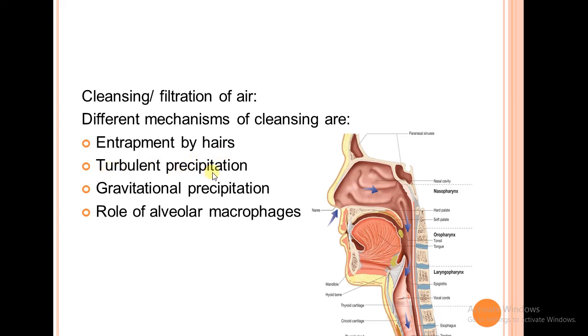Turbulent precipitation is another mechanism. Then there is gravitational precipitation, and we have alveolar macrophages to play their role too. We all know that we have small hairs at the opening of the nose, just inside the anterior nares or nostrils. The purpose of these hairs is to entrap the dust particles present in the air.